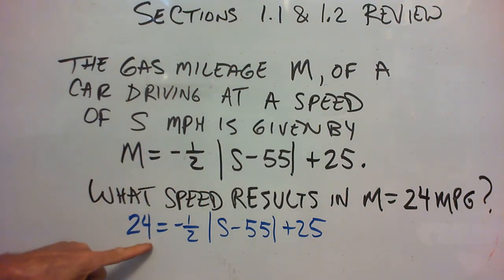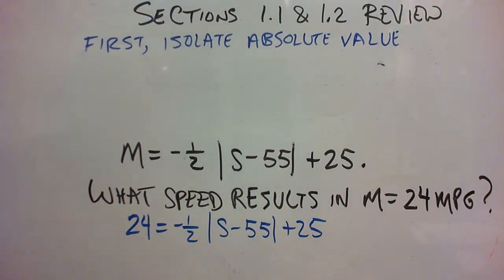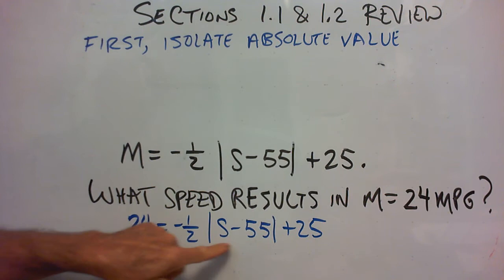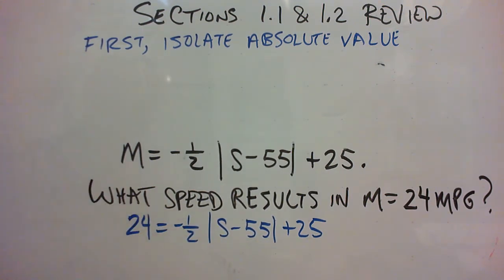So we're going to solve this equation, 24 equals -1/2 times the absolute value of s minus 55, plus 25. Now, our first step here is we're going to want to isolate the absolute value. Once we do that, we solve our two cases.